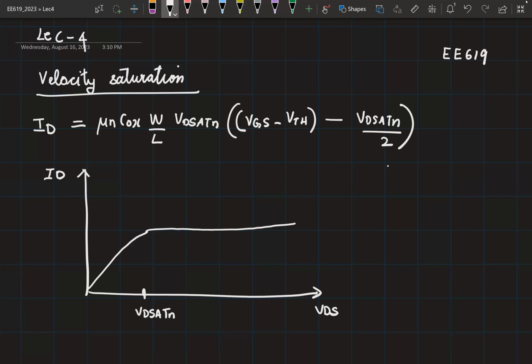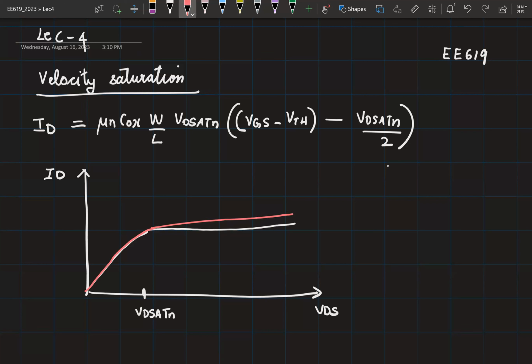But just like in long channel transistors, meaning just like how you got to see channel length modulation, where the current was increasing with respect to VDS even under pinch of saturation, here also in practice you will see that once it enters velocity saturation, the current doesn't remain constant, but it will increase slightly.